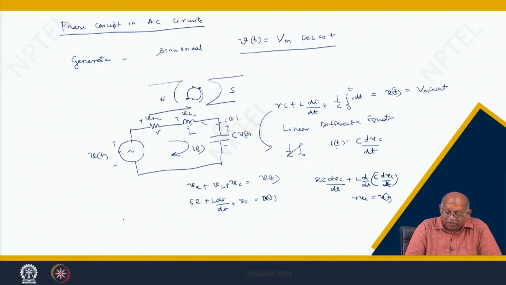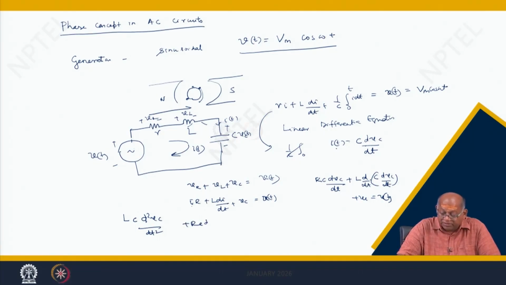So, if you write it properly you will find this is L C d square V c by dt square, plus R C dV c by dt, plus V c is equal to V t.